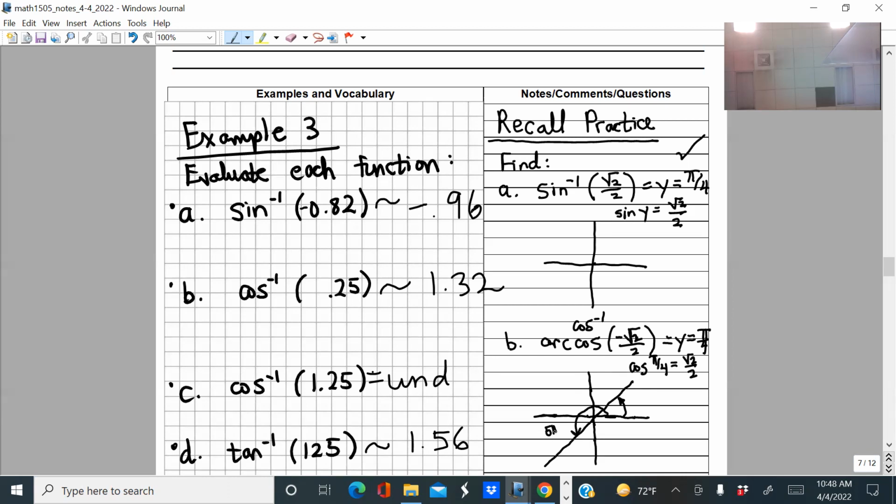Yeah, 5 pi over 4. So you might think, probably not, but you might think, oh, 5 pi over 4 is the answer, because the cosine of 5 pi over 4 will be minus the square root of 2 over 2, because the reference angle for 5 pi over 4 is pi over 4, right? Notice the reference angle here. That's the reference angle, and it is pi over 4.